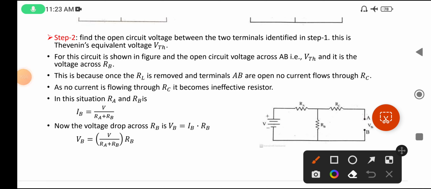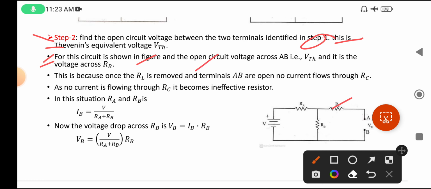In the above diagram we identified the 2 terminals in step 1, and in this step, the voltage at those 2 points is called the Thevenin's equivalent voltage V Thevenin. For the second step we have to calculate V Thevenin. There is a small derivation for this circuit, shown in the figure.